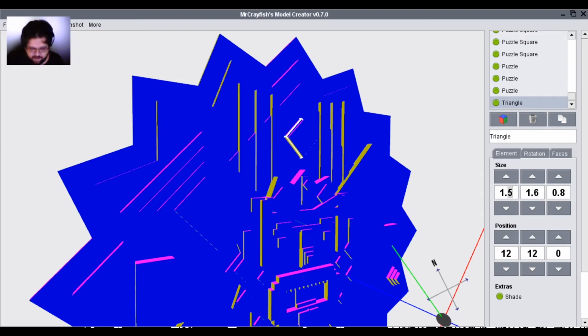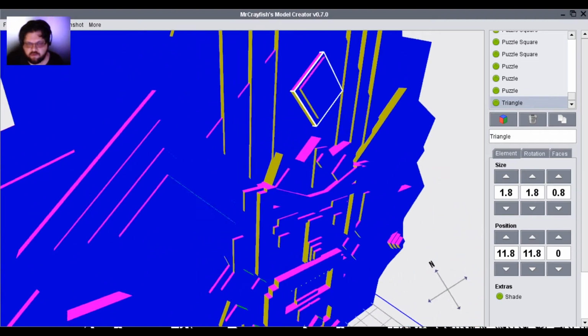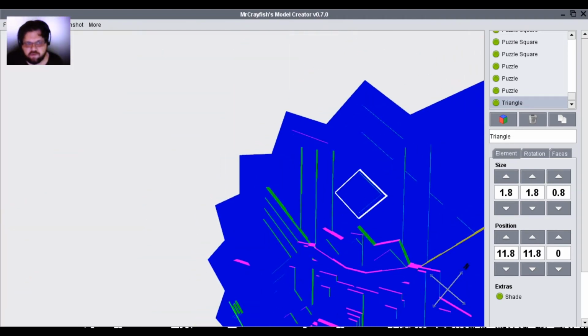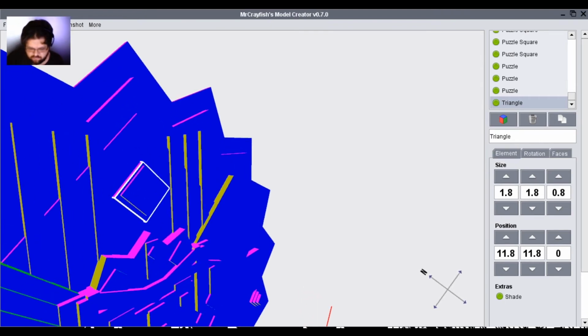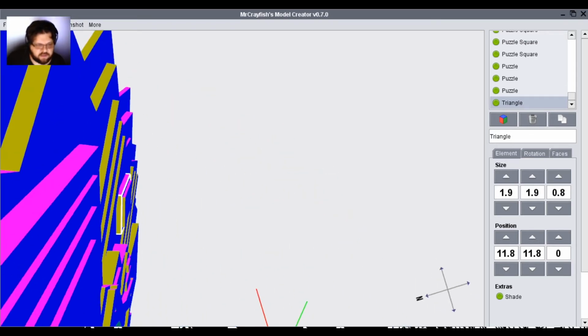I should be going the other way. 8. 11.8. 9. Yeah, that's looking more right.